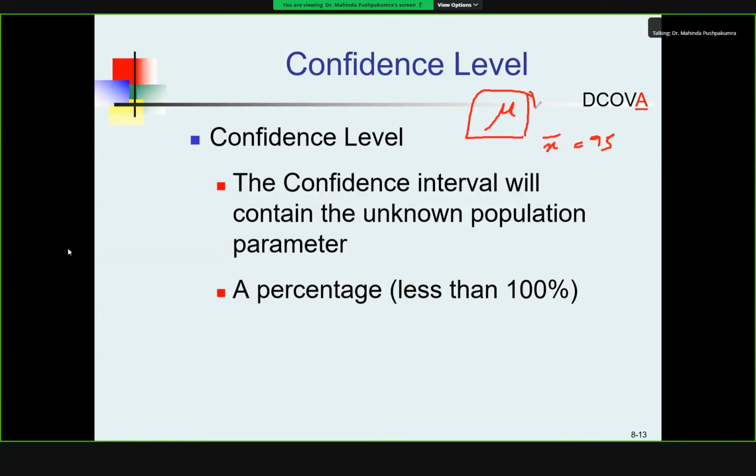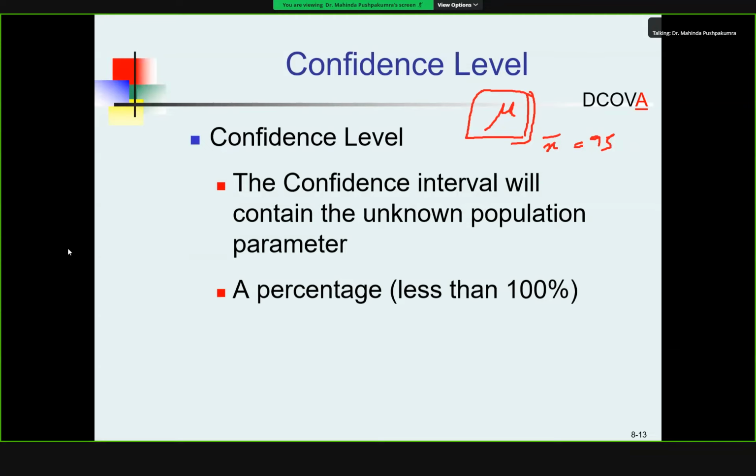Then if you want to make a conclusion, you have to construct confidence interval. Estimating confidence interval is a very simple task. With Excel or maybe SPSS or maybe Stata, you can get the direct answer.